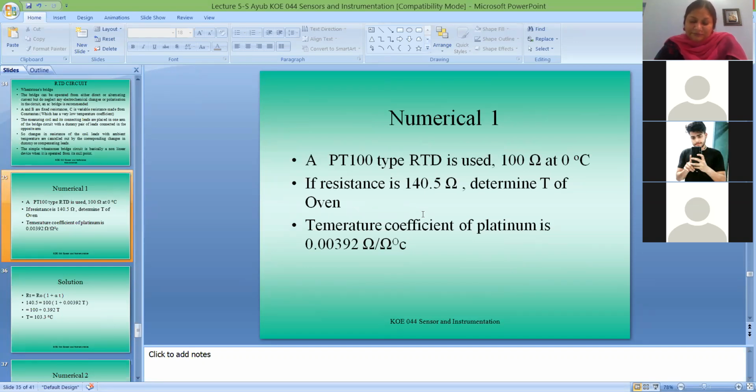Can anybody tell me what you will put in the equation? Who is doing the calculations?